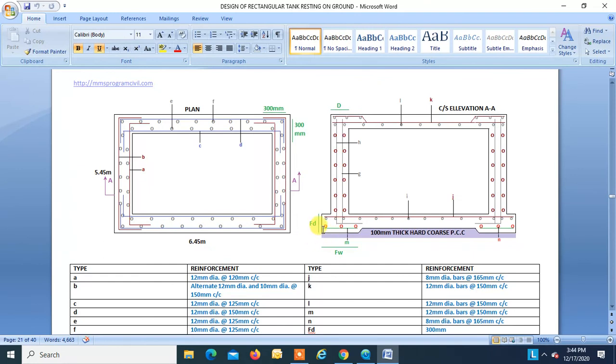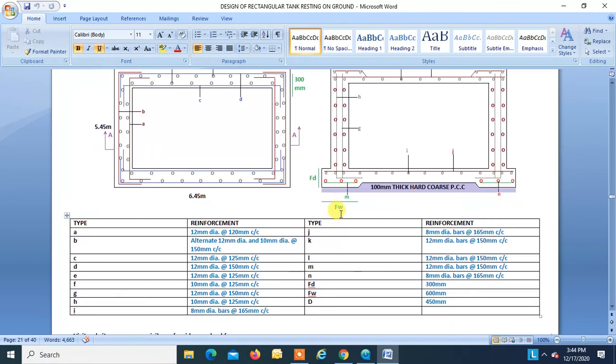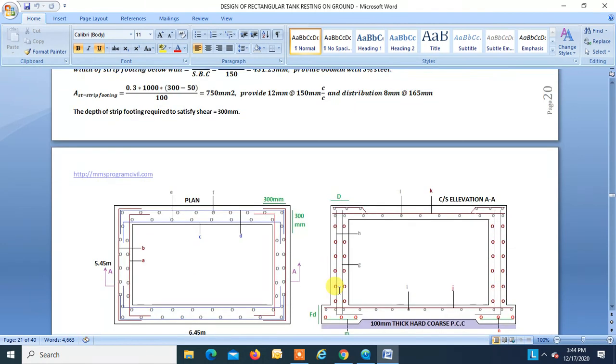This is the main steel, green color bar, that is M, 12 dia about 150 center to center, and these red dots are the distribution steel, that is N. We have provided 8 dia about 165 center to center.